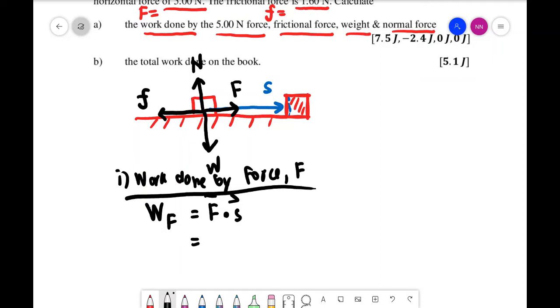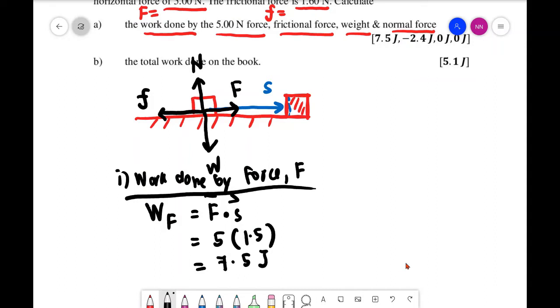The force is parallel to the displacement, so we can simply substitute force F, 5 Newton, and the displacement is 1.5. So the work done by the force is 7.5 joule.